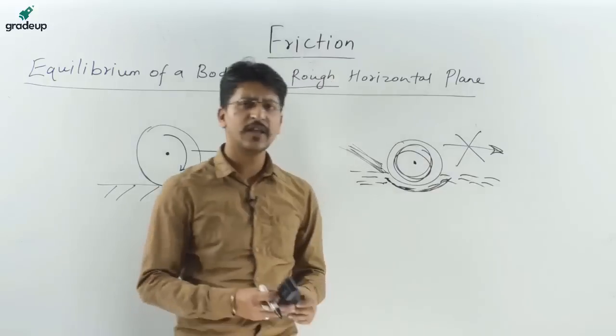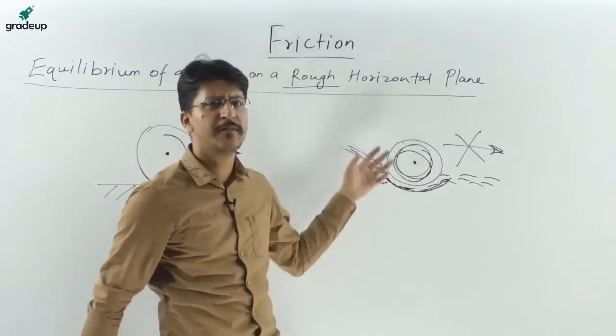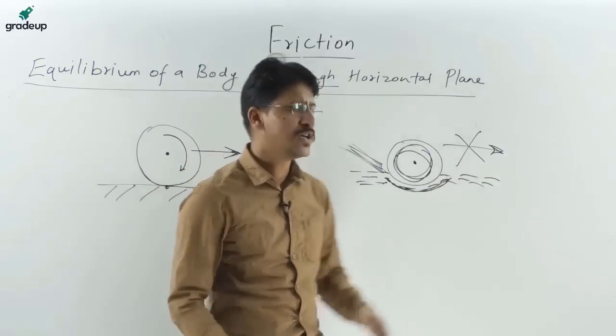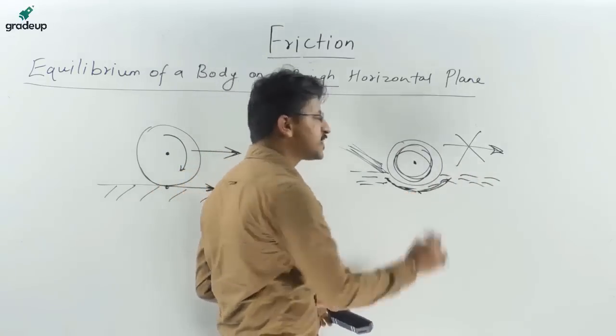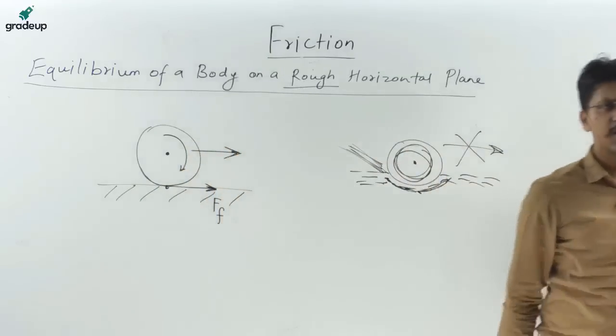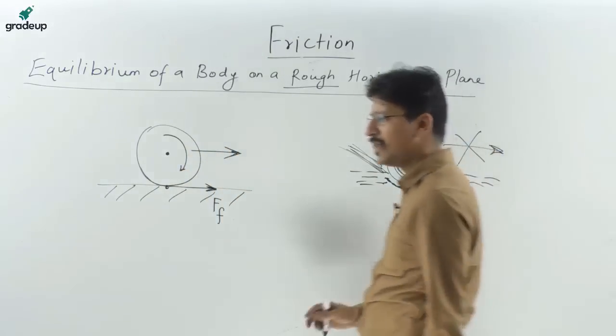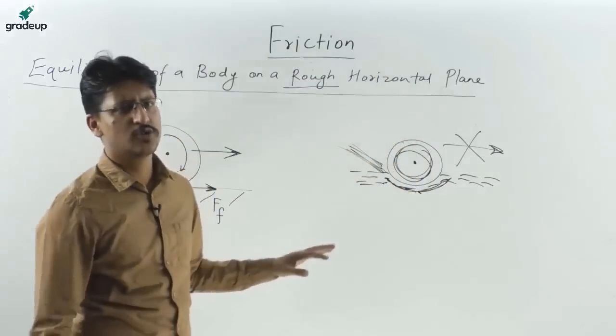Because in this case also the engine is running, this wheel is rotating, but why is it not able to move in the forward direction? Because it is not getting any help of frictional force from this surface. Okay, this can be muddy water or dry sand. This is a very common example that you might have experienced also.